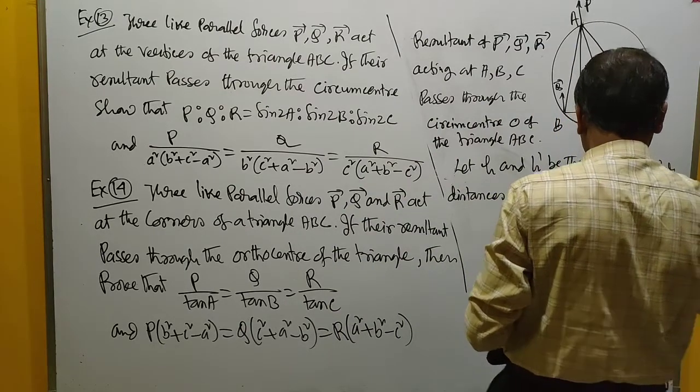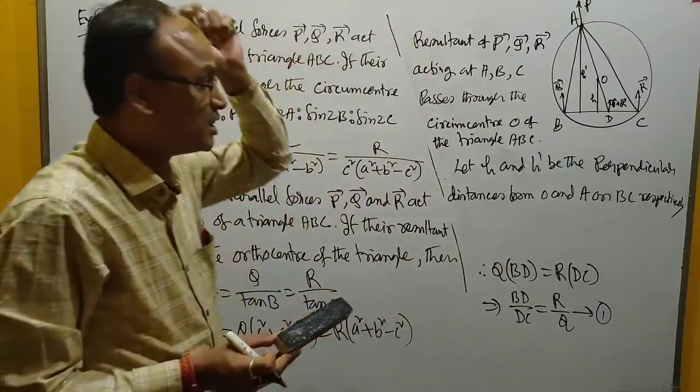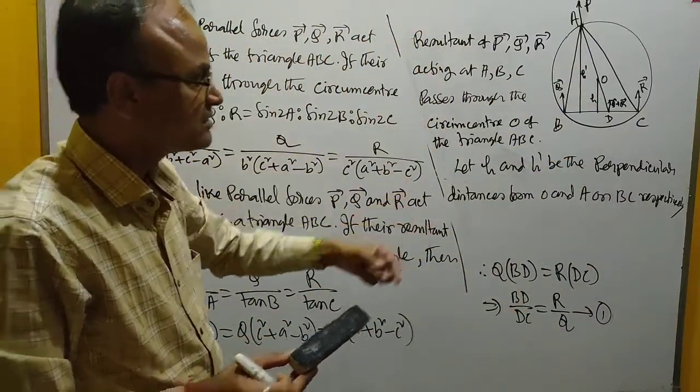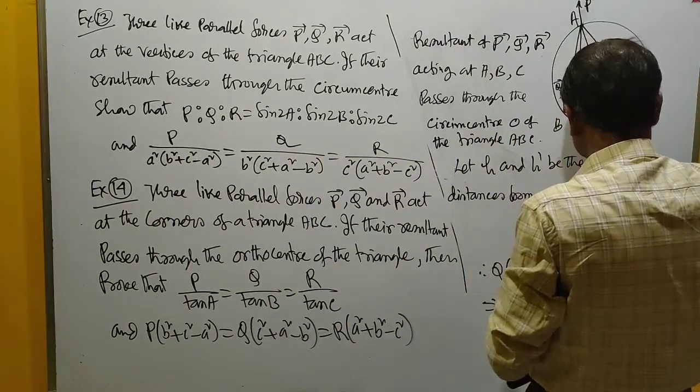H and H dash are perpendicular distances from O and A on BC. This is H dash.